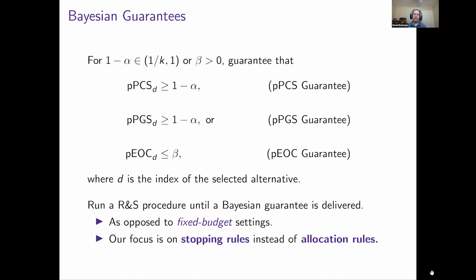Either they're consistent in that they're going to converge on the conclusion of which alternative is the best, or they're going to be doing sampling rates that are in some sense asymptotically optimal. Instead, the focus of this talk is on stopping rules, which I view as sort of an underappreciated or overlooked aspect of these algorithms, but I hope to convey that it is actually a decision of some consequence. How precisely do you check the stopping rules?